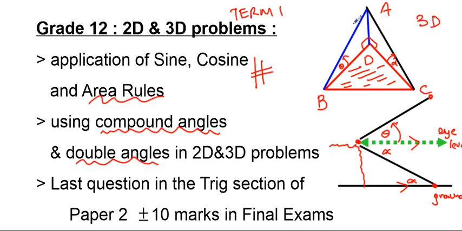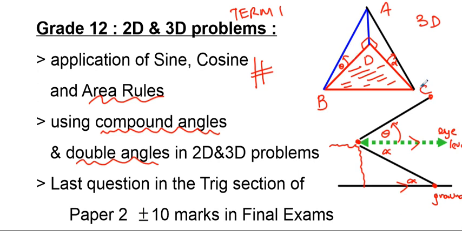Let's suppose that AD represents a cell phone tower and there's a person B on the ground, horizontal plane, and there's a person C looking at the cell phone tower from two different points. The person B looks at the top of the cell phone tower and creates an angle of elevation of theta.